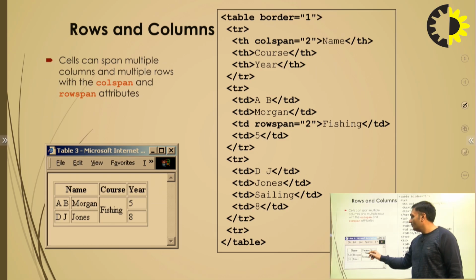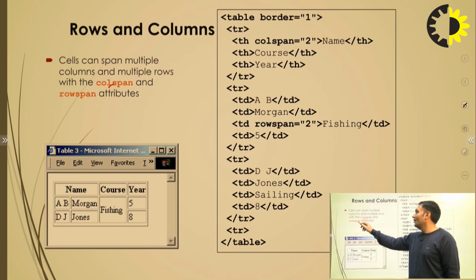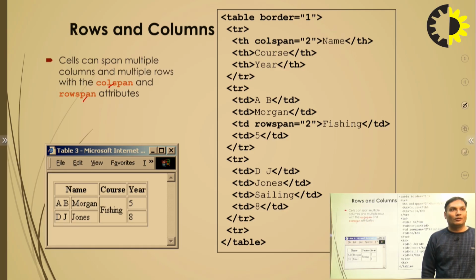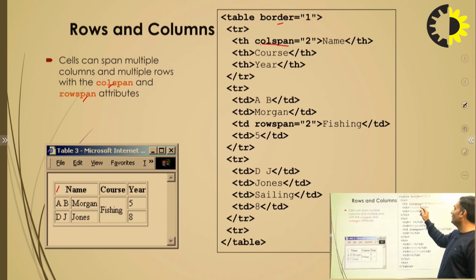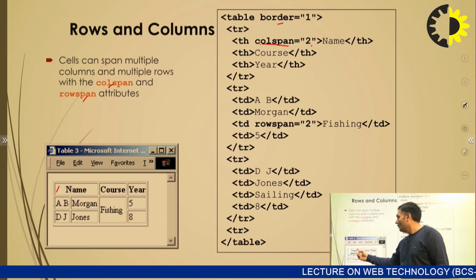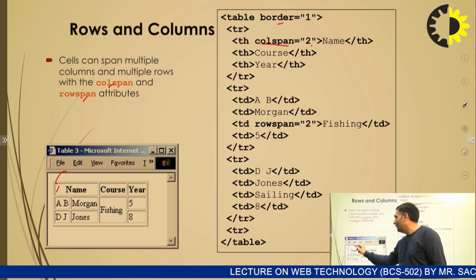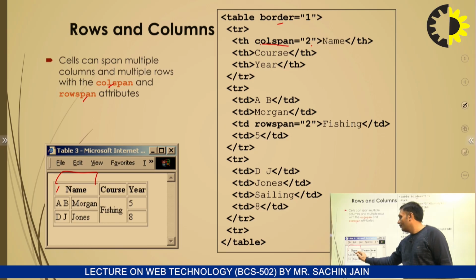Now we can merge rows and we can merge columns as well by having two different attributes, called colspan and rowspan. For example, if I take a table that contains a table row, and it contains a table heading with the attribute colspan 2, then this cell comprises two columns.